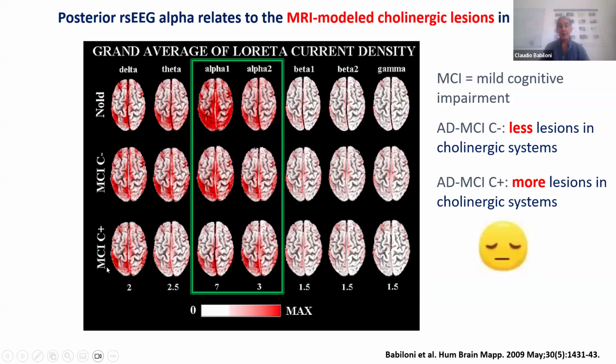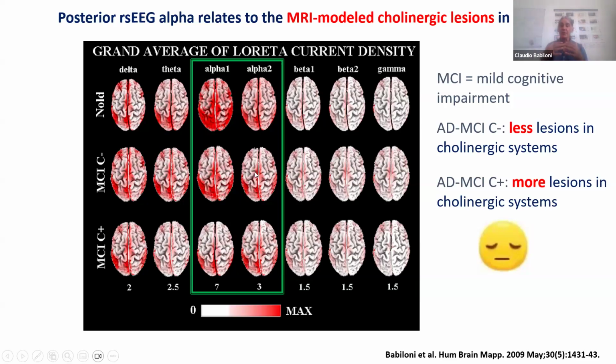And patients with mild cognitive impairment and particular lesions in the cholinergic tracts show a greater drop of alpha source activity in the resting state, eyes closed. So at least at the group level, the integrity of a relatively preserved cholinergic system is related to higher alpha source activity in the resting state, eyes closed.